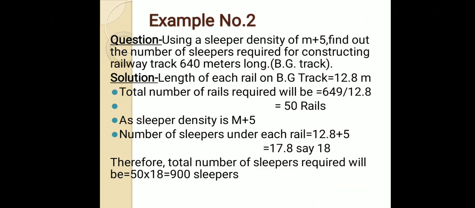So the number of sleepers under each rail is 12.8 plus 5, that is 17.8, which is nearly 18.